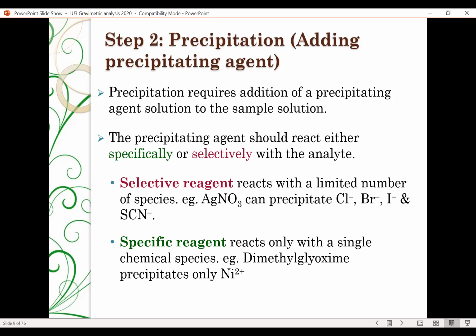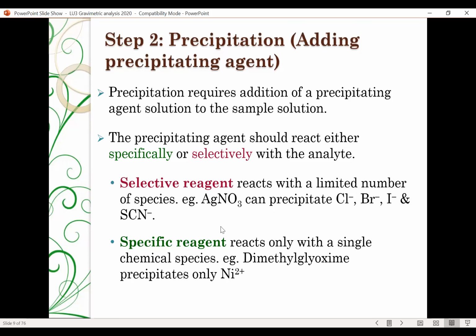So there are times when we need specific reagent and there are times when we need selective reagent, but all the time we need either one. Okay? The precipitating agent solution is a selective reagent or specific reagent.